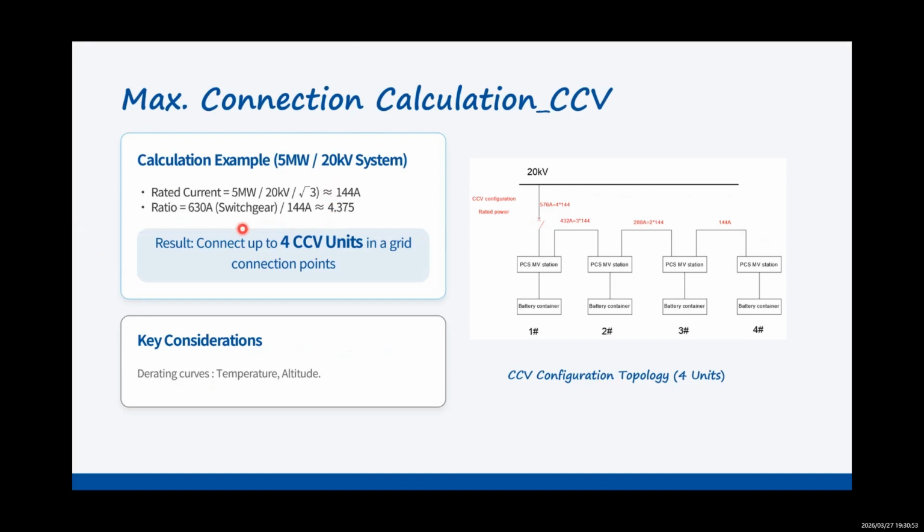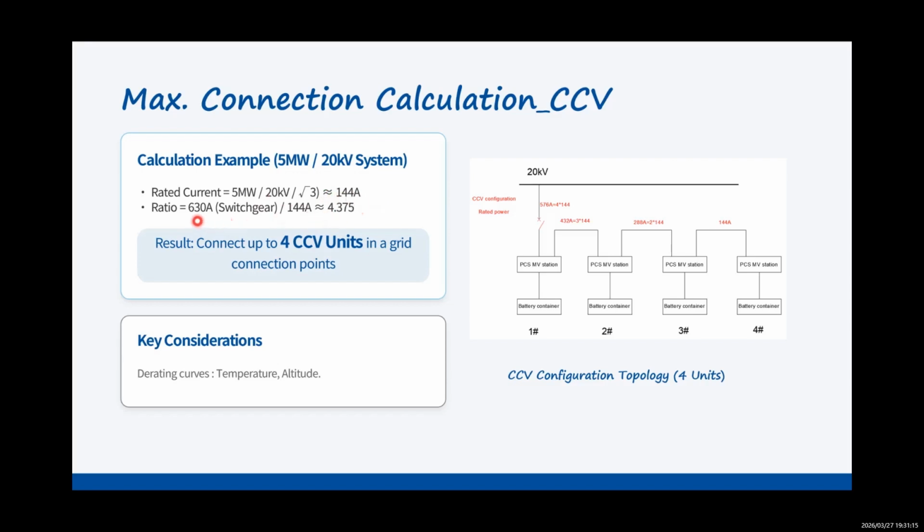So the rated current of a single 5 megawatt system on the 20 kilovolt side is 5 megawatts divided by 20 kilovolts divided by square root 3. The answer is 144 amps.